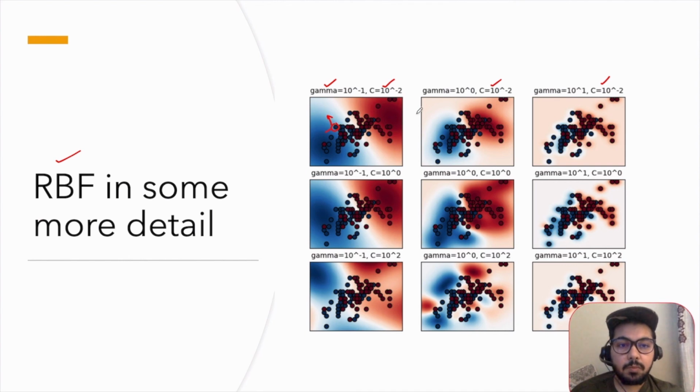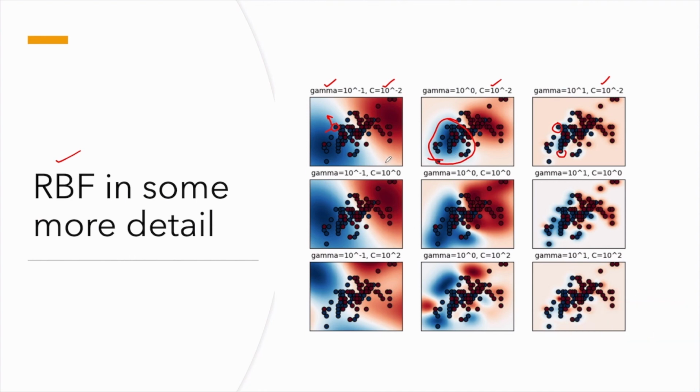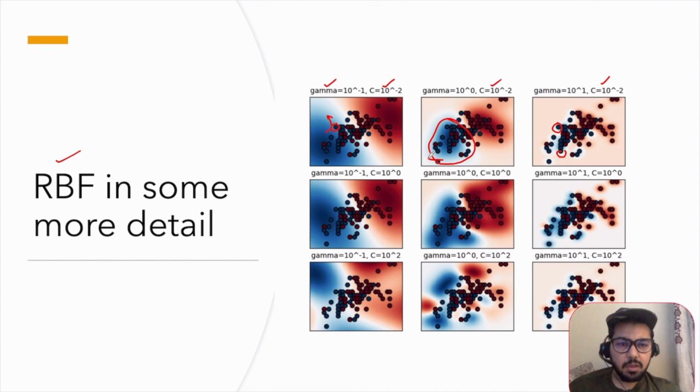If I keep on increasing the gamma, the influence of the points reduces, and it reduces enough to only its local neighbors. So this seems to be a good group or cluster which has been formed here.